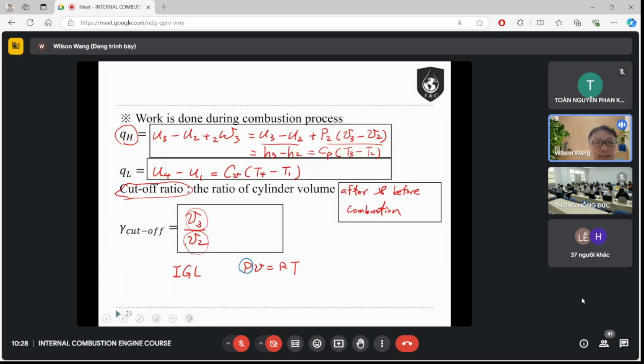The pressure is constant, R is also constant, so the ratio of the specific volume is the ratio of the temperature. So this is equal to T3 by T2. All right, so we know this part is based on the ideal gas law.